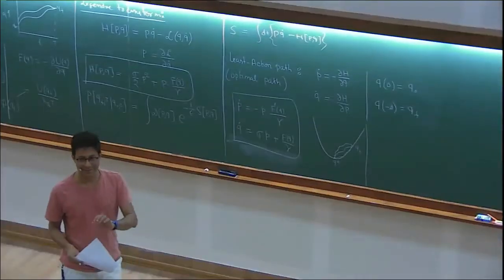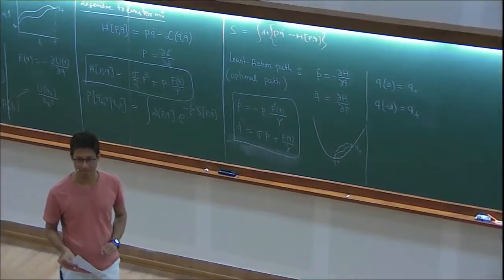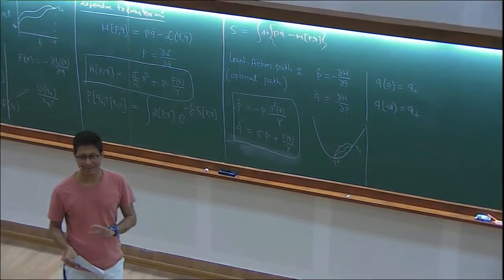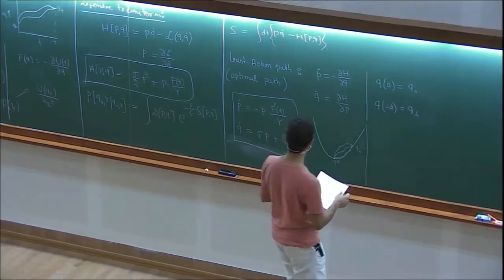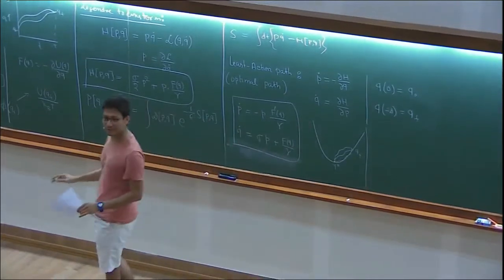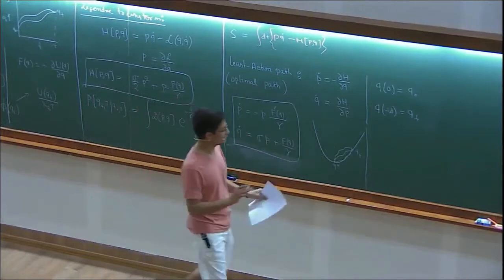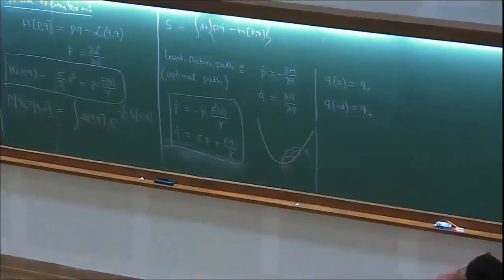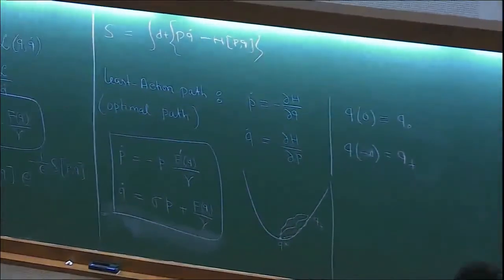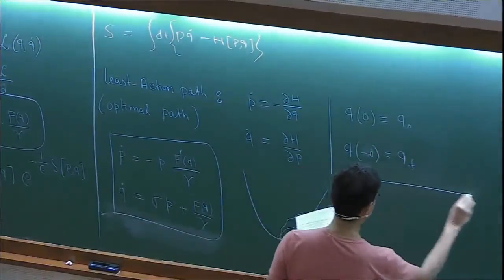Precisely. So maybe I wanted to make that comment. This action formalism has appeared in many other places. One approach is called the Martin-Siggia-Rose deterministic formalism. I kind of forgot to write it; you can look it up.